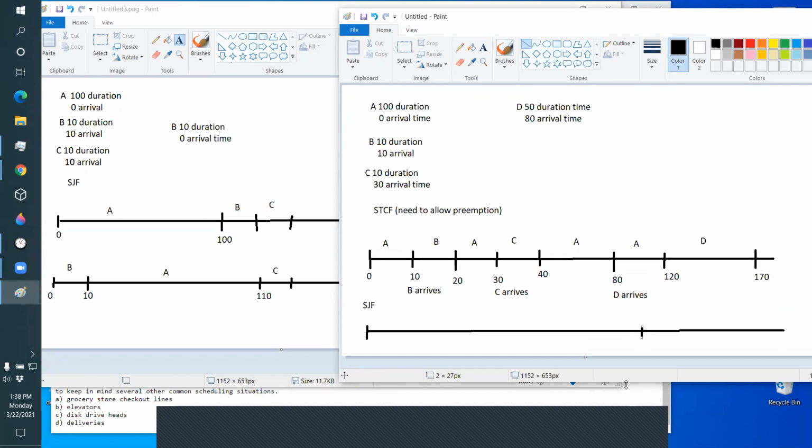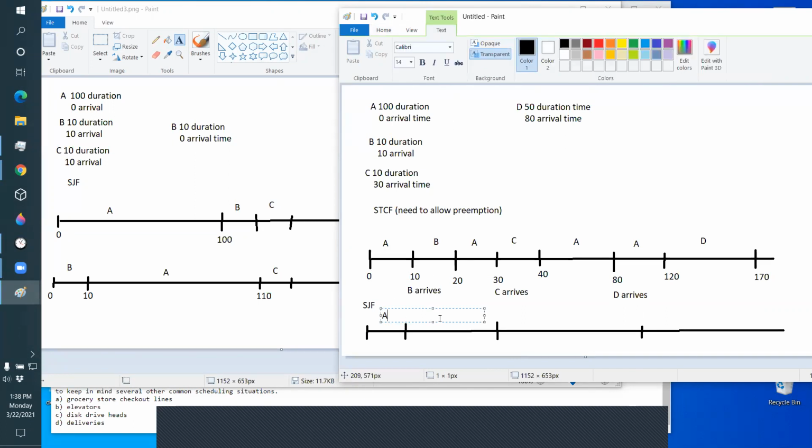Now at time 100, you still have B arrives here and C arrives here. But you can't interrupt A, so you're just running A all this time.